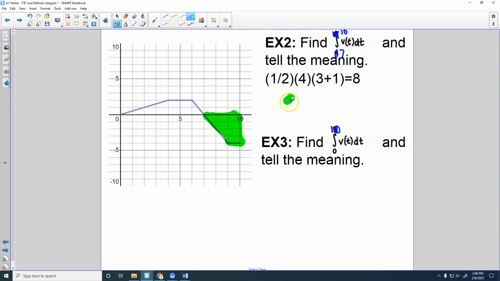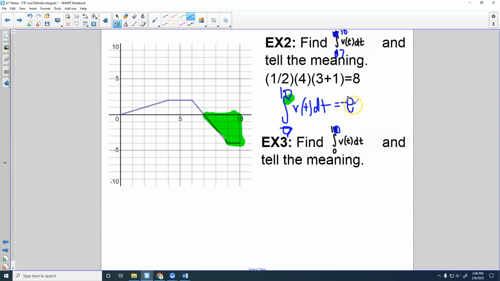So the integral from 7 to 10 of v of t dt would equal -8.